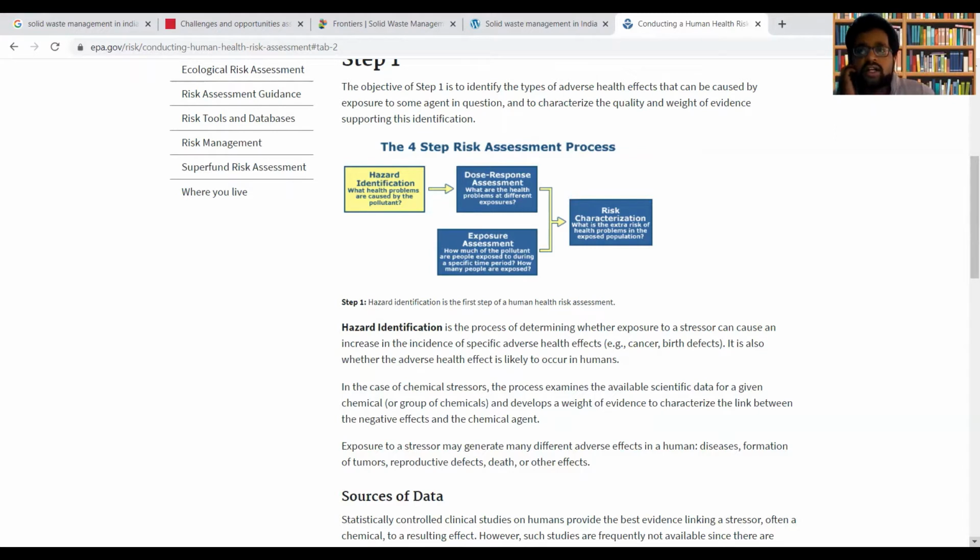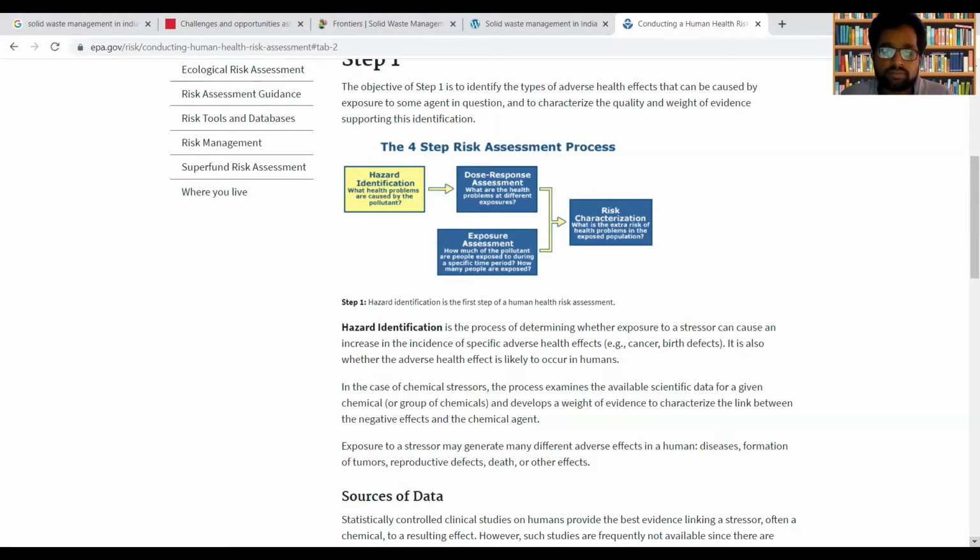So the examination of the scientific data available will be done, and a characterization made between the chemical agent and the negative effects it causes.